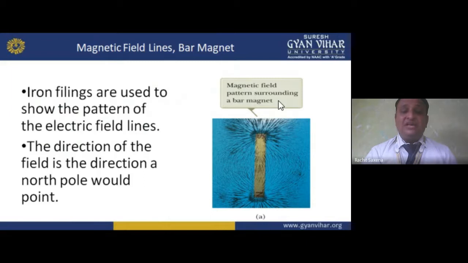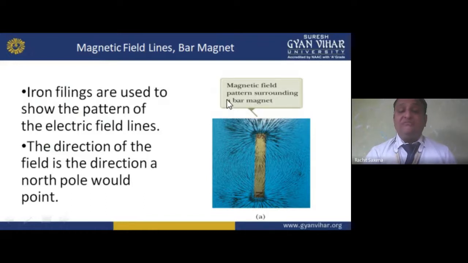Now iron filings are used to show the pattern of the magnetic field lines. How do we identify this? It is not visible to us, but if I put some iron pieces nearby, they are attracted. So iron filings show you the field lines.